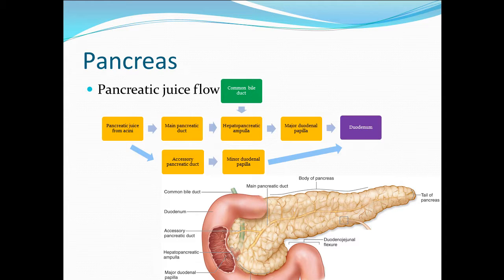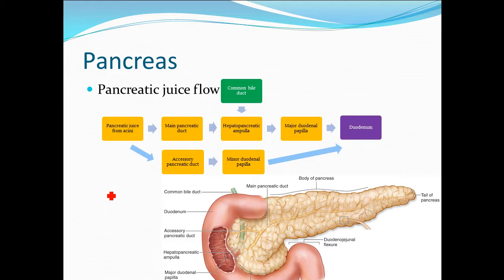So for pancreatic juice flow, once again, the pancreatic enzymes are made from, not the islets, the acini, right? The islets, they make glucagon and insulin. Yeah, correct.